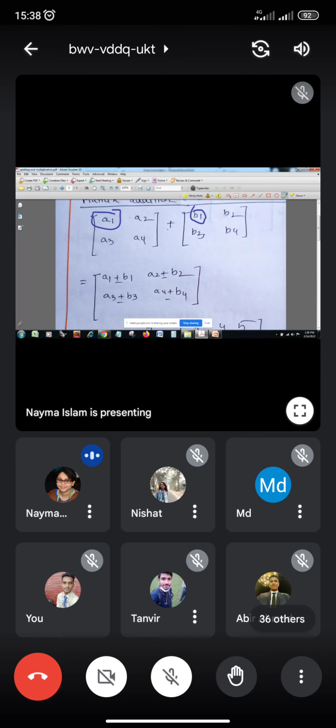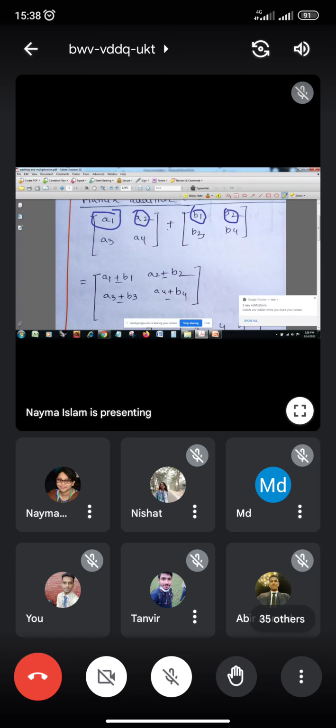If I want to tell you the subtraction, the process is the same: A1 minus B1. After that, the second element plus the second element, A2 plus B2, or A2 minus B2. After that, A3 plus B3 or A3 minus B3, A4 plus B4, A4 minus B4.